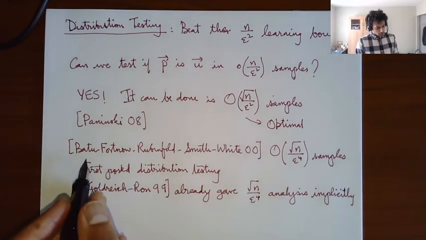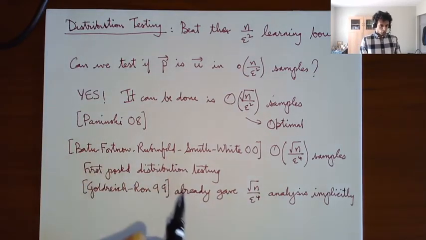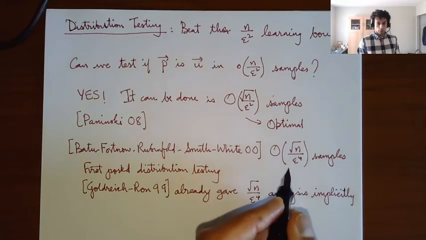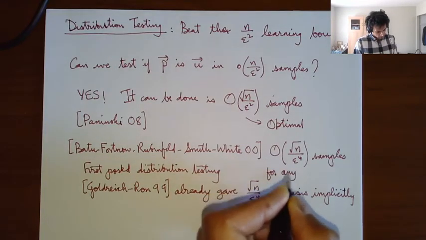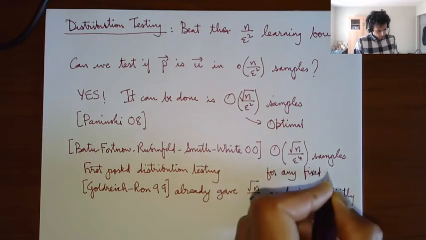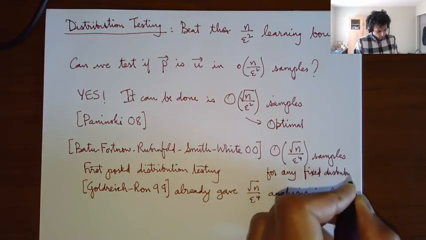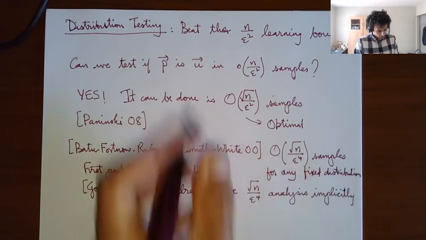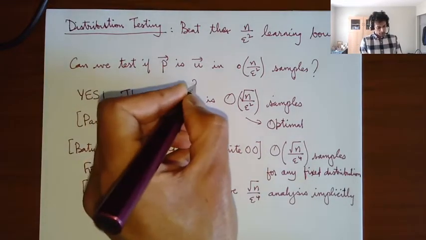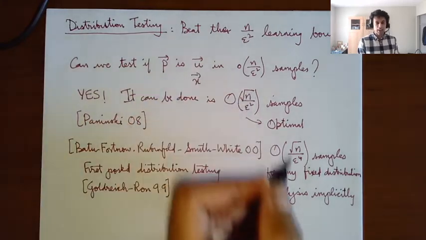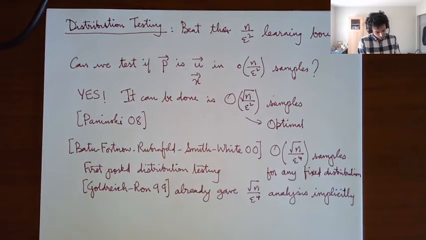Of course, Batu, Fortnow, Rubinfeld et al. showed much more. They showed that you can do this for any fixed distribution. What I mean is, you can test if P is Q for any Q in root n over epsilon to the fourth samples.